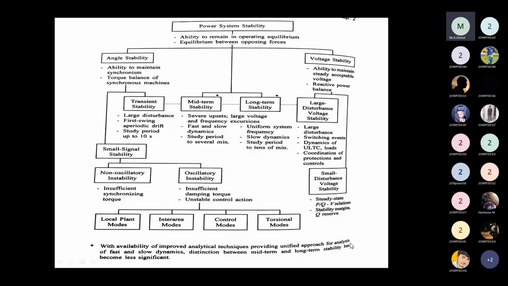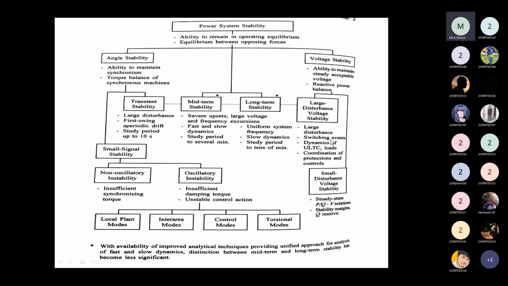Next one, we come to voltage stability. Means we have two classifications: large disturbance voltage stability and small disturbance voltage stability. So in large disturbance voltage stability, you may infer large disturbances. The name itself indicates it, and then the switching events will be more.